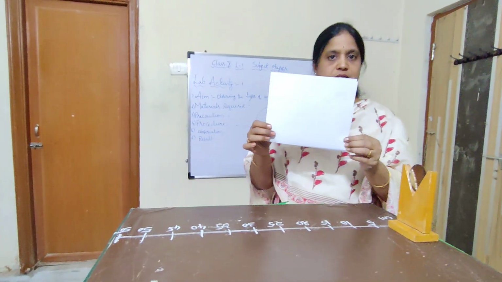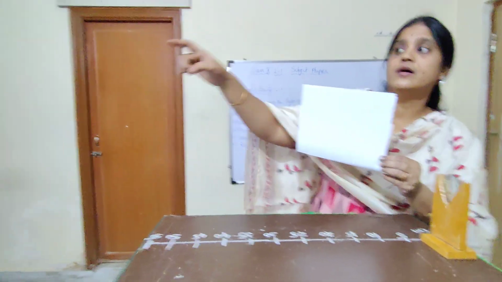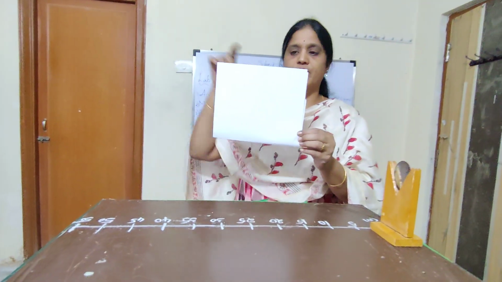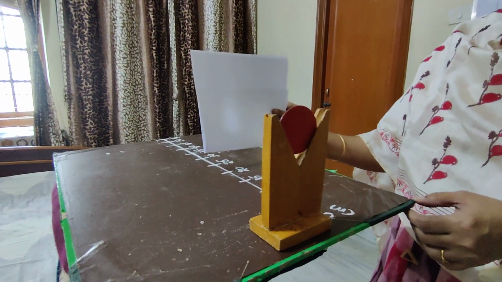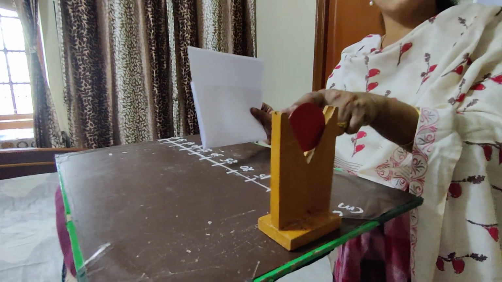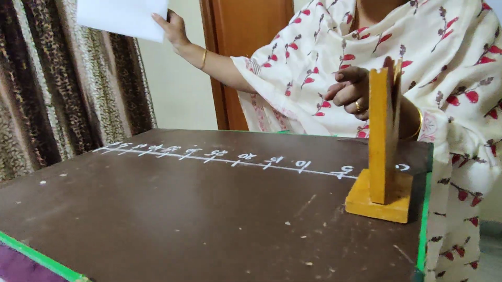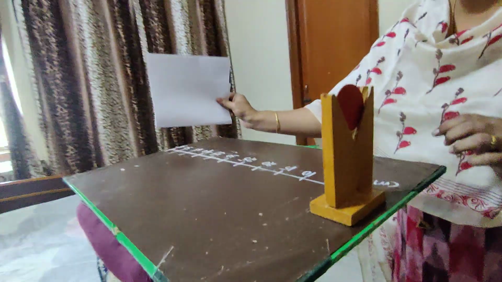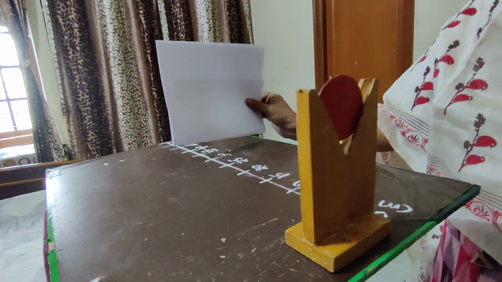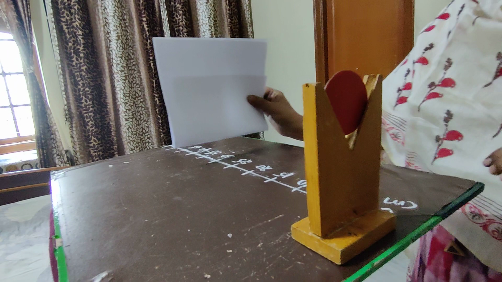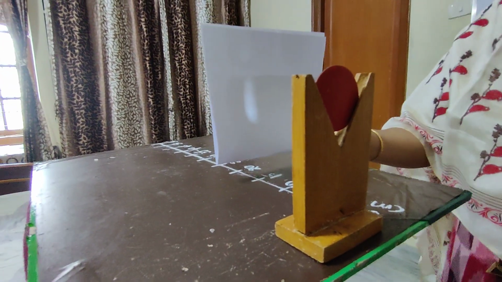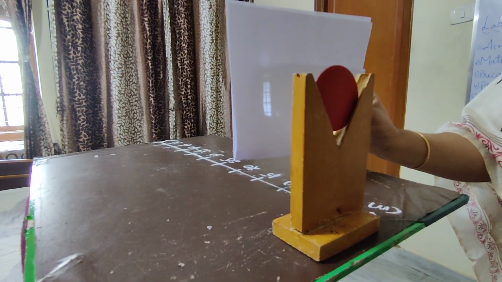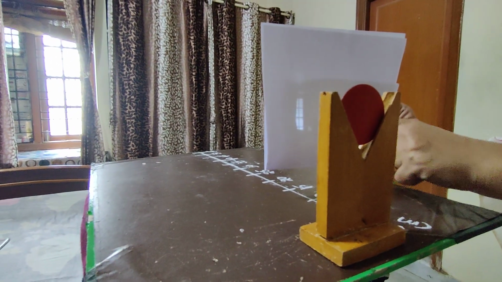By using this, I will focus the image of this window on this paper using a concave mirror. Take this screen and adjust it in front of this concave mirror. When you place this screen, just move forward and backward and find out where you will get the image. You see that I can catch the image of the window on this white paper clearly.